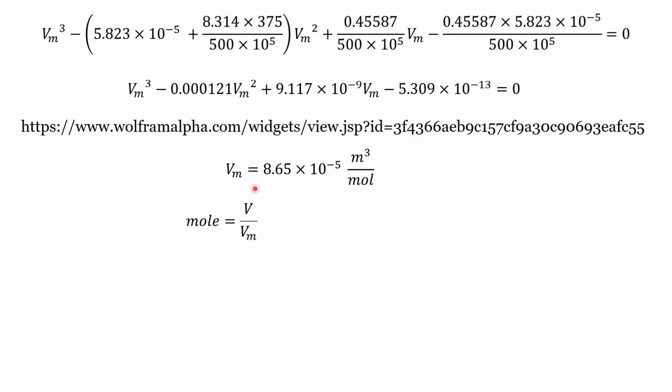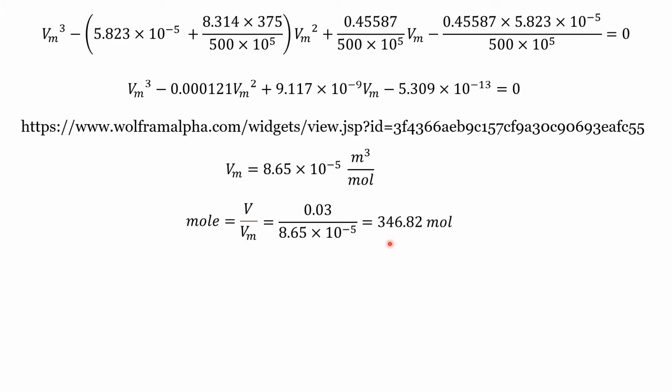Now Vm is molar volume, that is volume per unit mole. Already volume is given in the problem, so we can find the moles, and Vm we have already calculated.